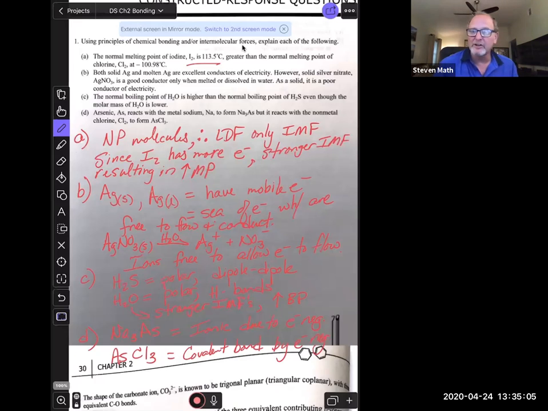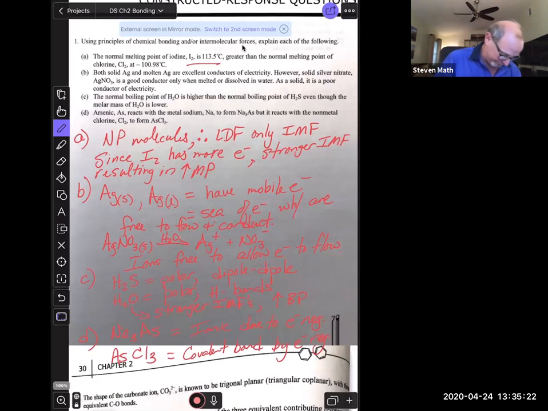That's really all we need to go into with that one, is how come it can behave as such. And this is arsenic that's acting as a metalloid. It can act as an anion or cation conditionally. So that's our writing question for intermolecular forces.